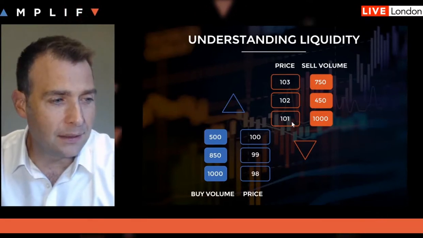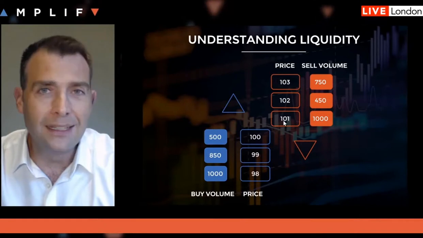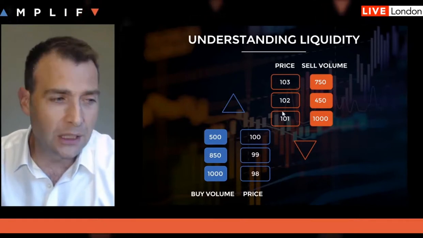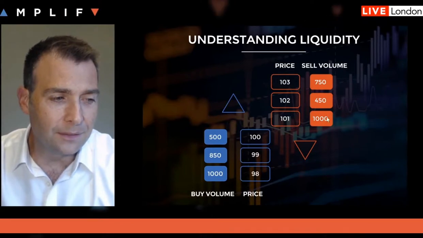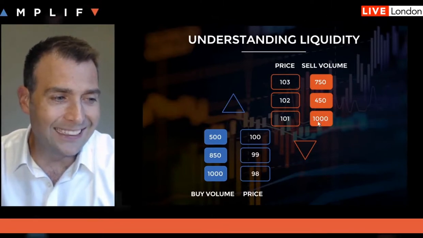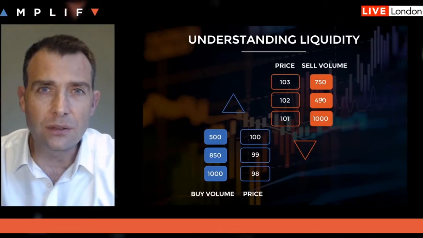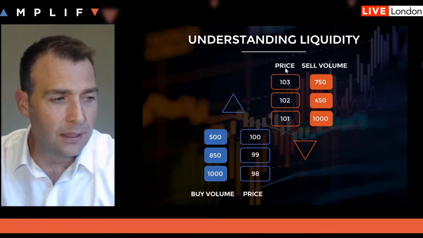I've got prices 101, 102, 103. These are all offers, which are above the market, and you can see that the volume of all the different sellers at each price equates to 1,000 or 450 or 750. So these are the prices, and this is the volume of the offers.